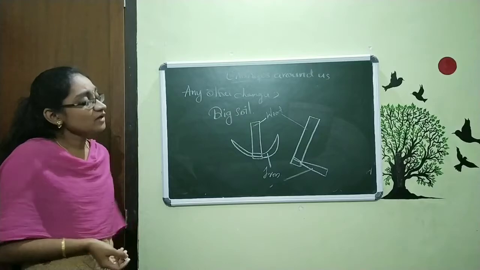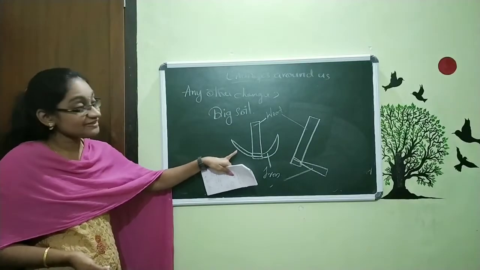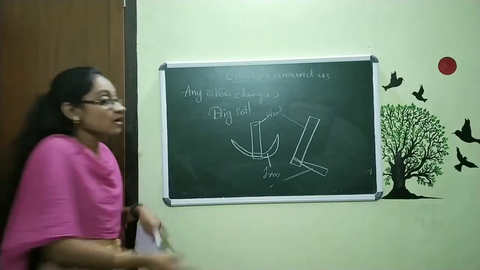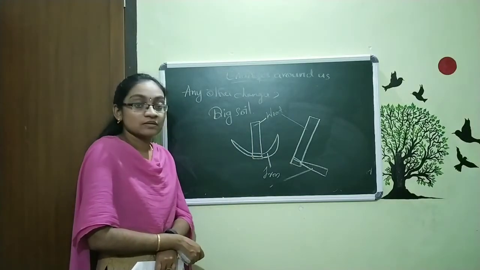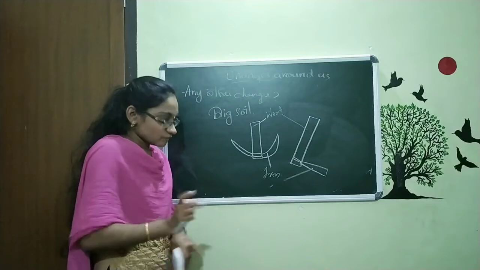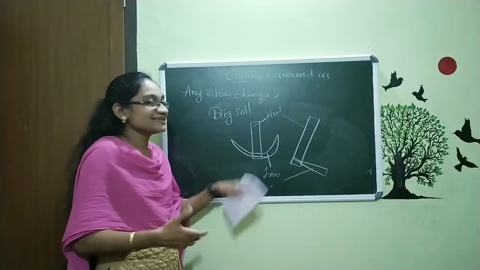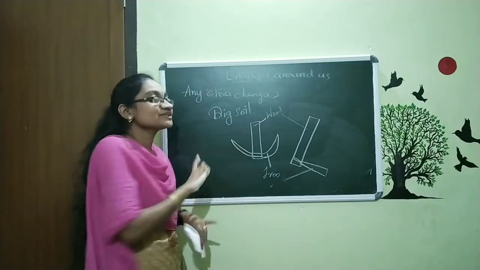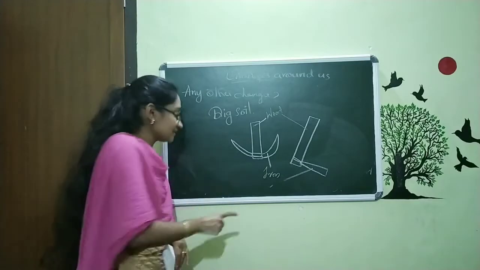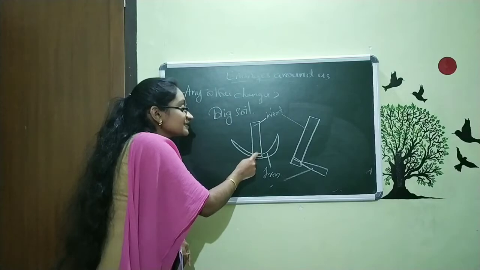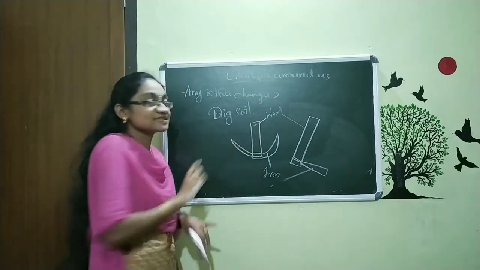And how is this metal piece, this iron piece, fixed on this wooden piece? How is it possible? We know when this iron piece is loose, then this tool cannot be used properly on our farm. So fixing this tool on the wooden piece is very important.